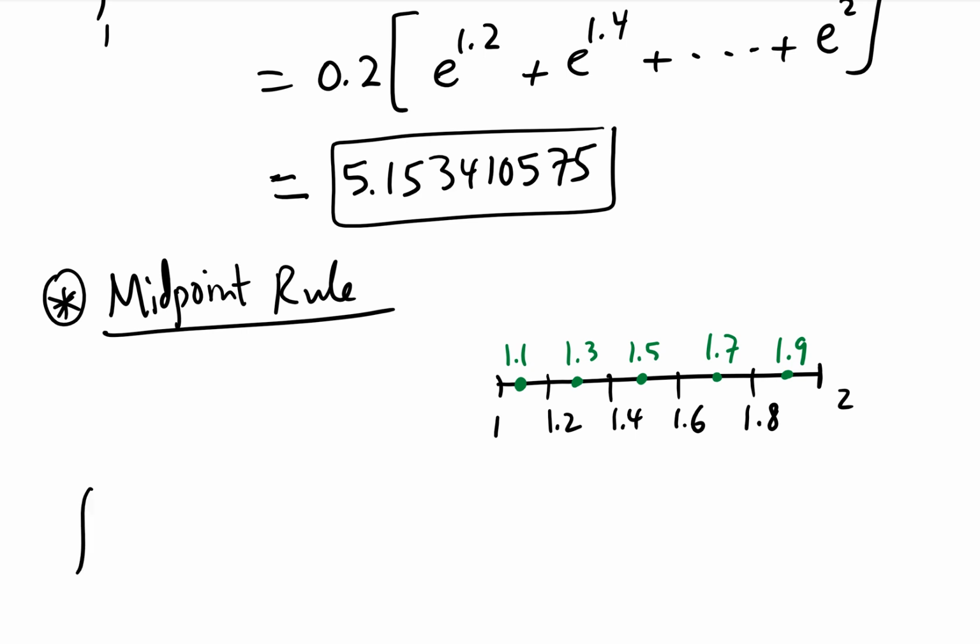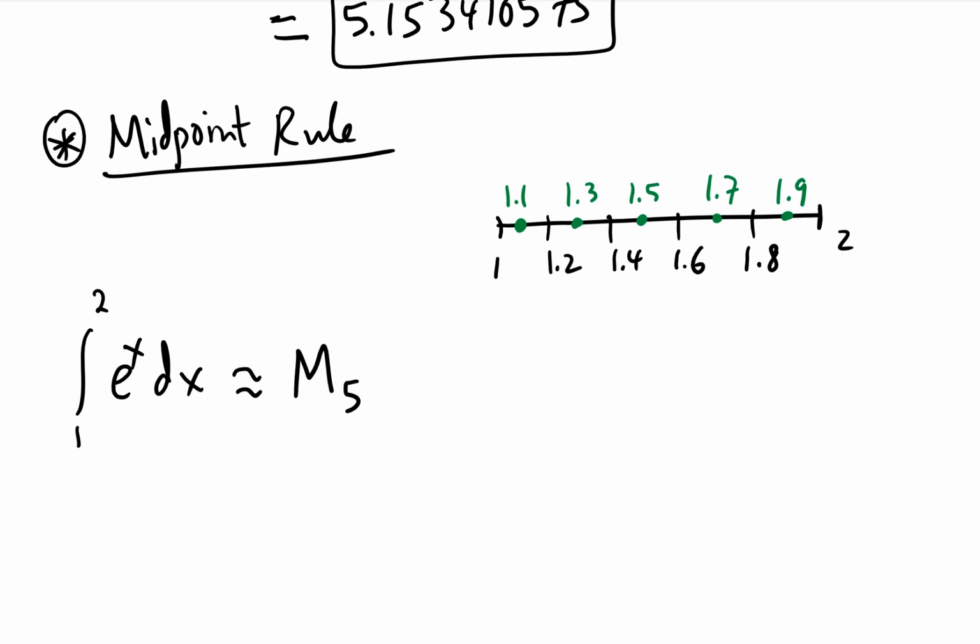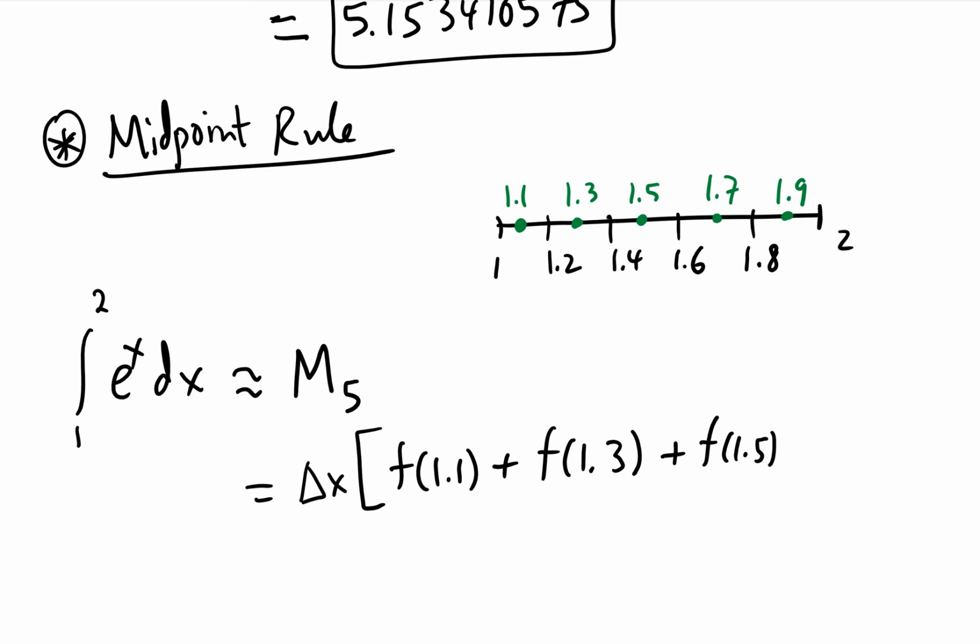So then I say the integral from 1 to 2 of e^x dx is approximated by M5, the midpoint for 5 subintervals, and this equals delta x times f of 1.1 plus f of 1.3 plus f of 1.5 plus f of 1.7 plus f of 1.9.